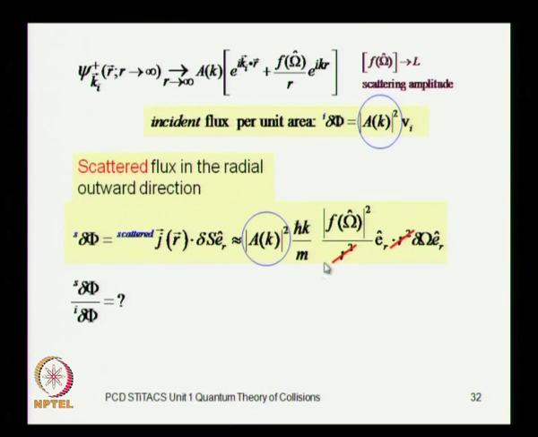The magnitude of the velocity is common in both. There is a velocity here, there is h cross k over m over here. So, these terms will also cancel each other when you take the ratio, right. So, what is the ratio giving you? The ratio will give you only this term, square of the modulus of f and the solid angle delta omega.